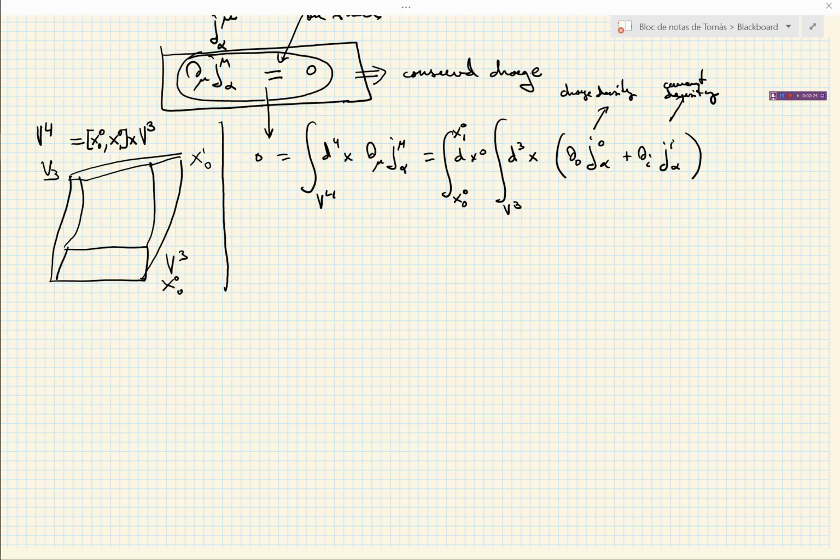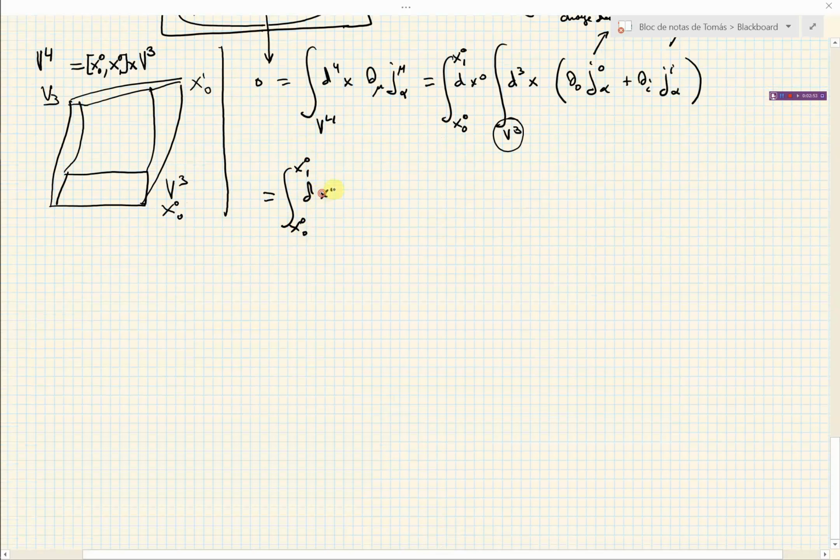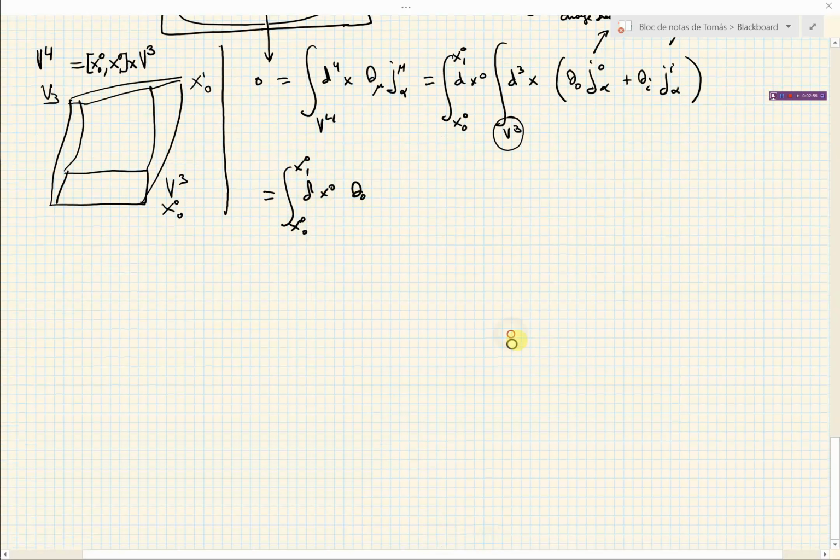Okay. So now we decompose this integral as the sum of two integrals, and because this V3 is independent of time, it's always the same V3, this integral commutes with the derivative with respect to time, and we have the integral from x00 to x01 of dx0 and the partial derivative with respect to x0 of the integral over V3 of d3x j0 alpha.